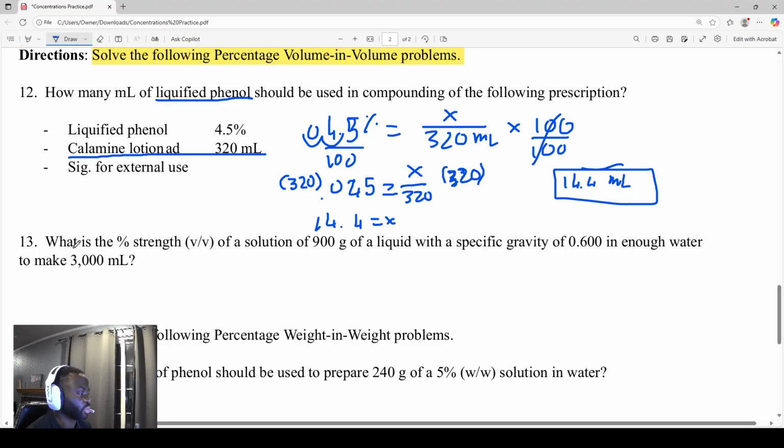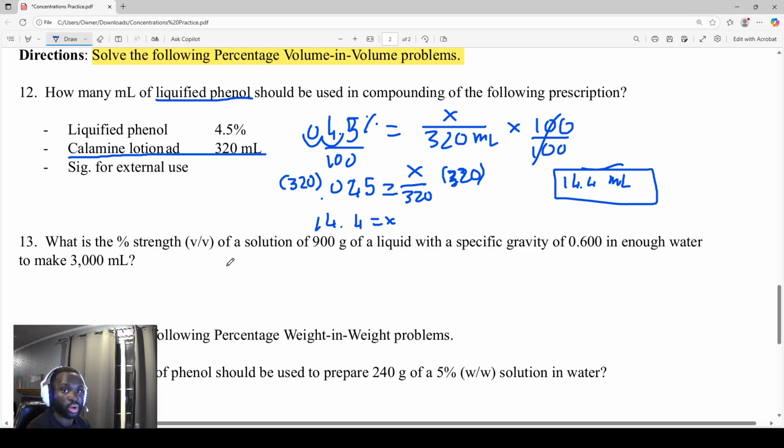So now moving on to question 13. It asks us, what is the percentage strength of a solution of 900 grams of a liquid with a specific gravity of 600 thousandths in enough water to make 3,000 milliliters.